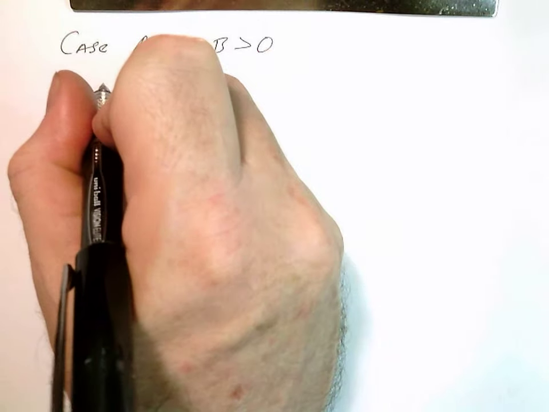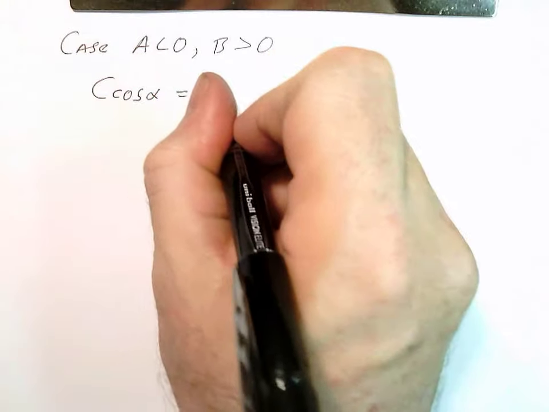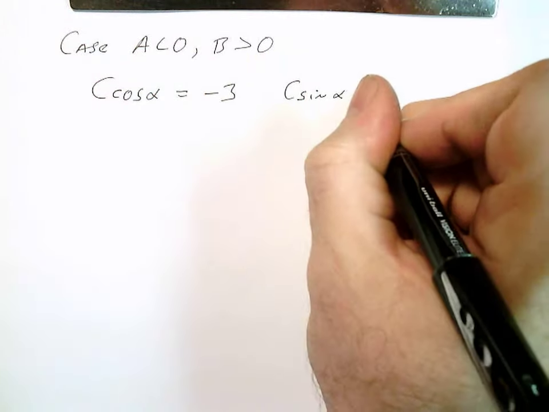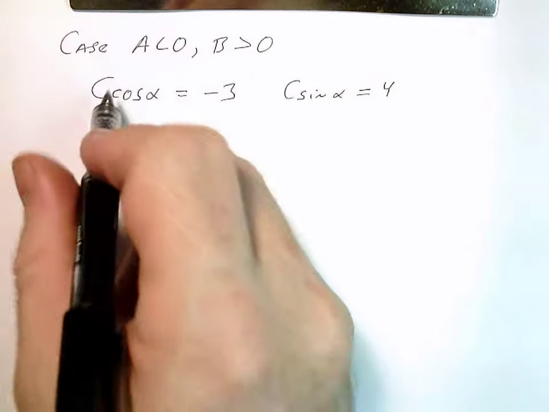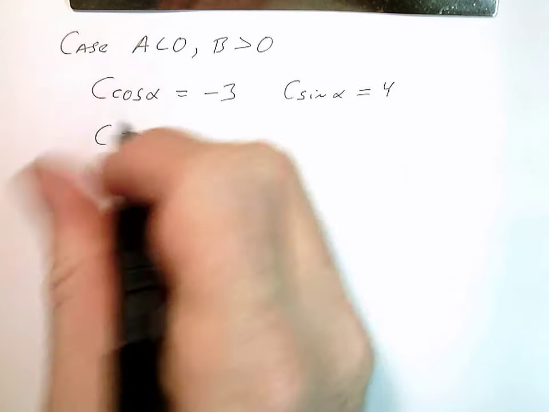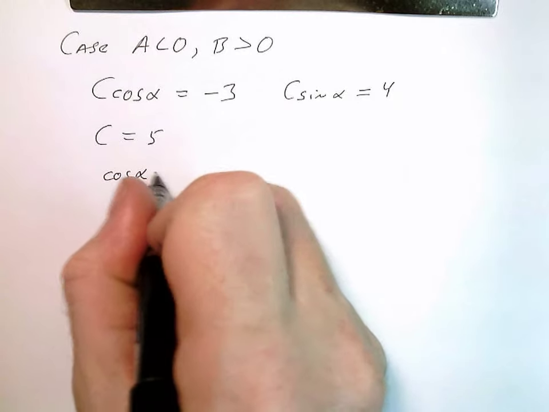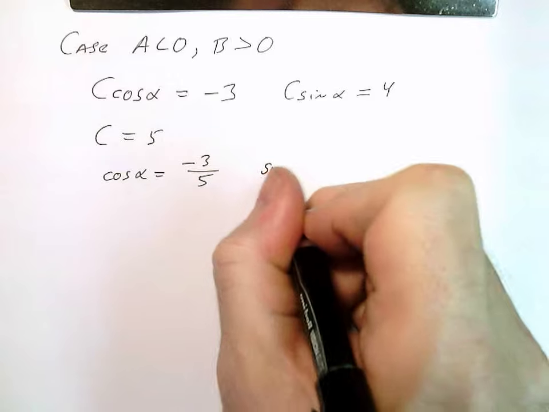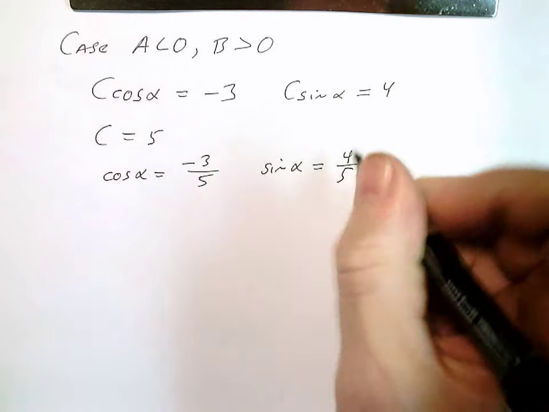So maybe my C cosine alpha is -3 and C sine alpha is +4. So again, I get C is 5, and now I have the cosine of alpha is -3/5, and the sine of alpha is 4/5.